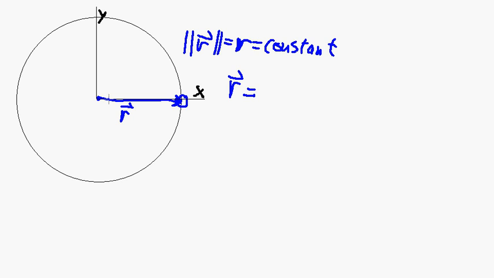It's got some distance from the beginning, at some position theta. So here's another r, at some angle theta from the horizontal, going counterclockwise.